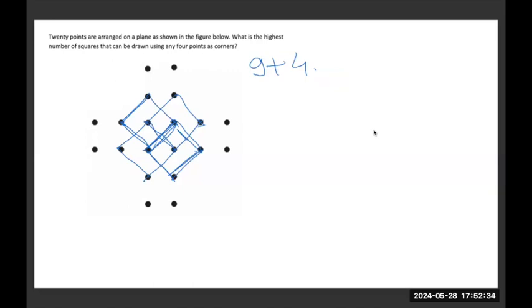After this, I'm going to draw another layer here only, which combines squares like these.